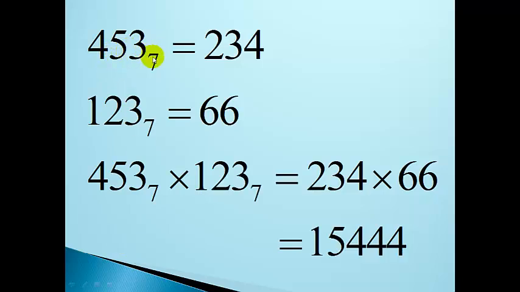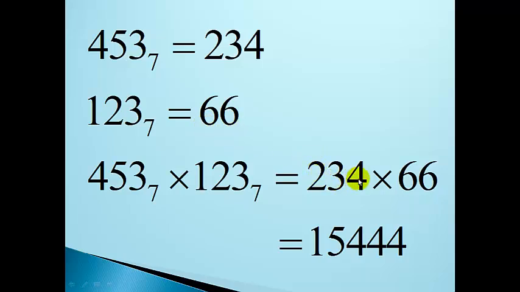Now 4, 5, 3 base 7 is equal to 234 base 10. And 1, 2, 3 base 7 has also given us 66 base 10. And so from the question, we are supposed to multiply 4, 5, 3 base 7 by 1, 2, 3 base 7. And therefore, because we've now converted to base 10, we multiply 234 by 66.